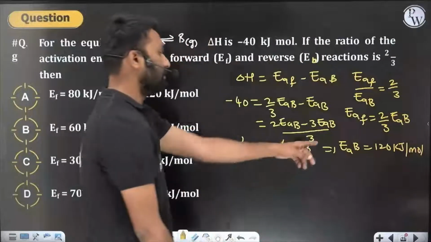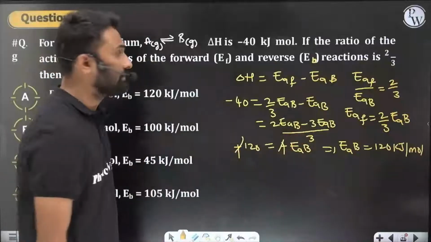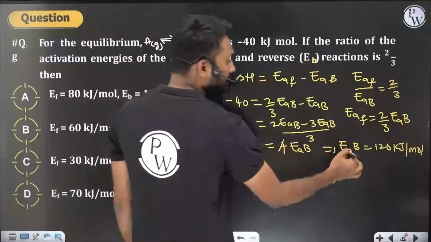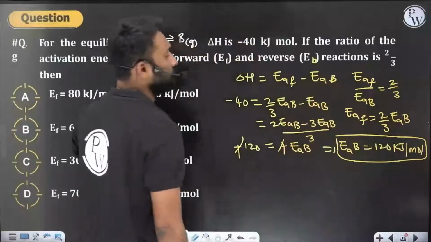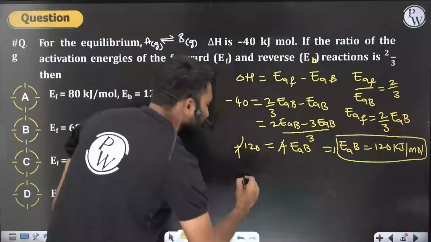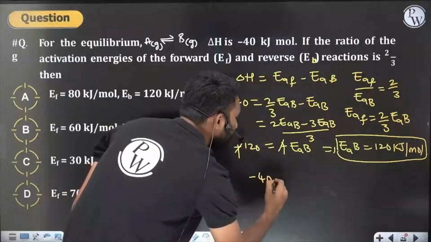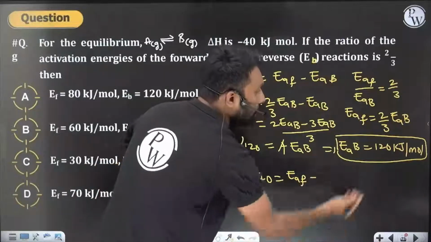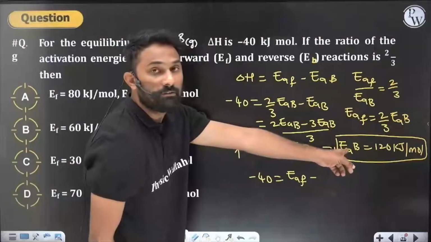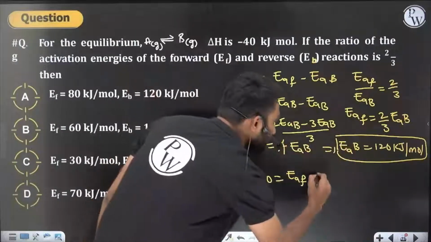Okay. Now this is what we got for the activation energy of the backward reaction. Now same way, substitute this value of the activation energy of the backward reaction from here. How much delta H did they give? 40 is equal to activation energy of forward reaction, which we have to find out, minus activation energy of backward reaction. How much is activation energy of backward reaction? 120, right?